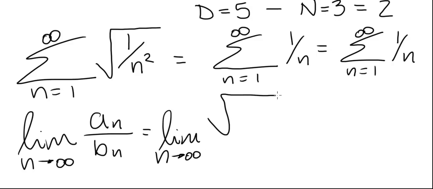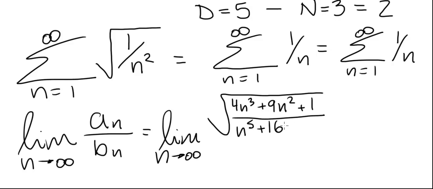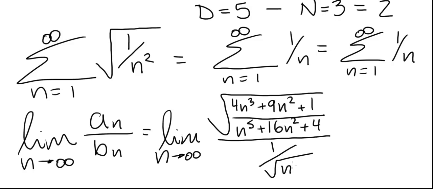First, in the numerator we have the square root of 4n cubed plus 9n squared plus 1 divided by n to the fifth plus 16n squared plus 4, and in the denominator we have 1 over n, but I'll write it as 1 divided by the square root of n squared. So now basic algebra says that we're going to multiply the numerator, because we have square roots all the way around. This numerator will be multiplied by n squared.